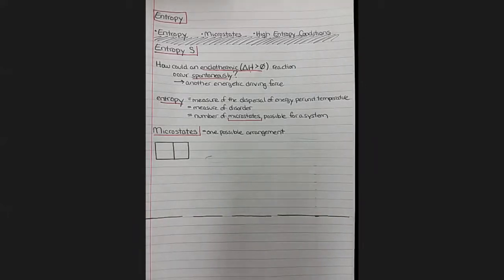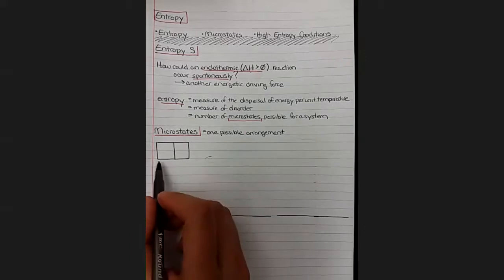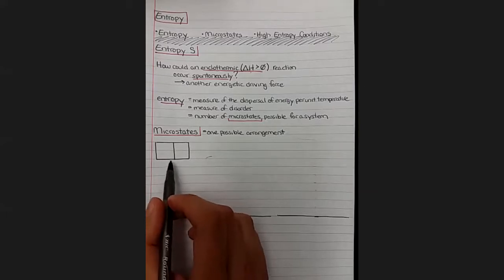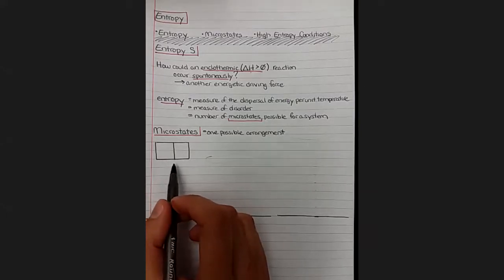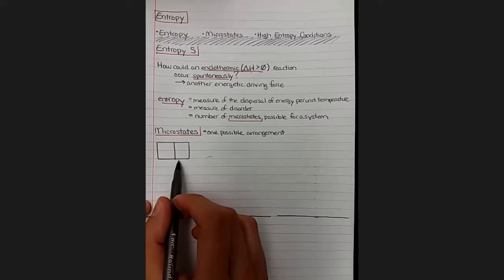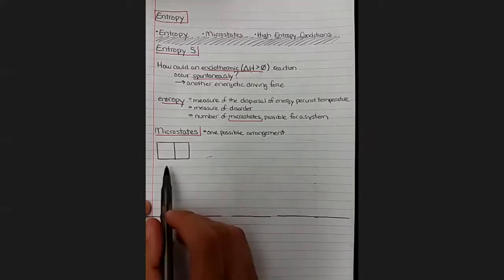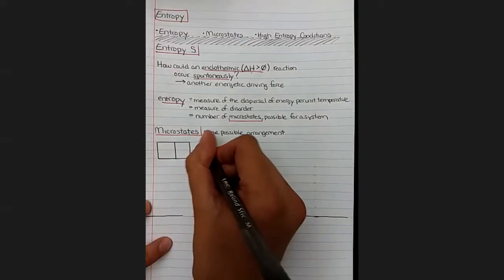So let's do an example that looks a little bit more like chemistry. Let's say that I have this box, and then I divided it into two equal-sized quadrants. Please excuse my slightly inaccurate drawing skills. So two equally sized quadrants, and let's say we have one particle that we want to put in here. What are the possible microstates for that one particle in these two boxes?